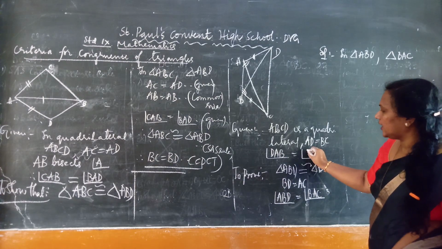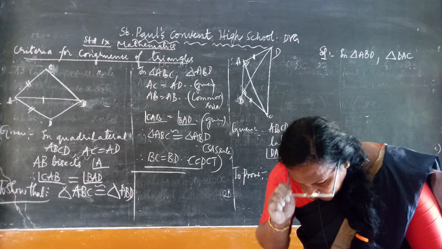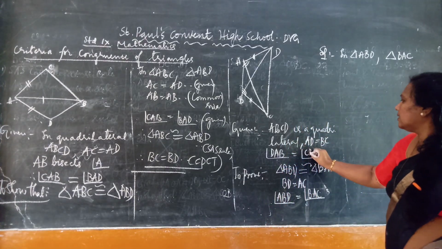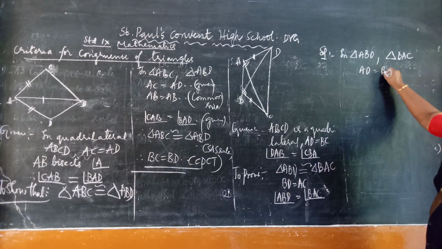I have not written it here, no? I think it is BC. AD is equal to BC. This is already given.